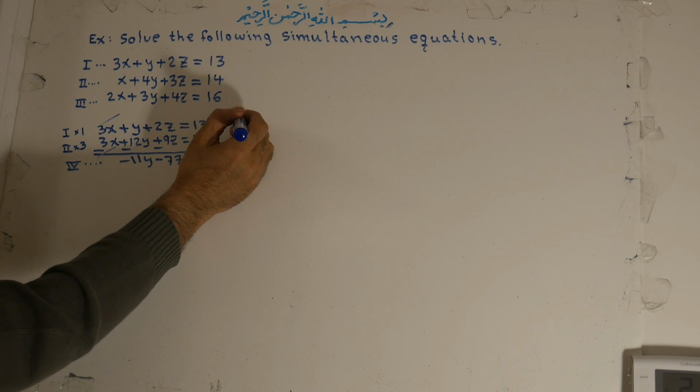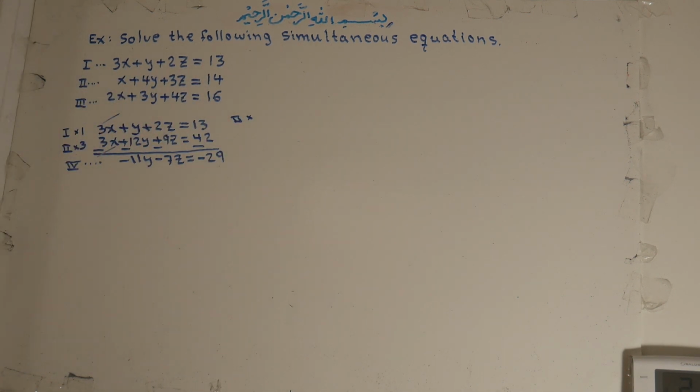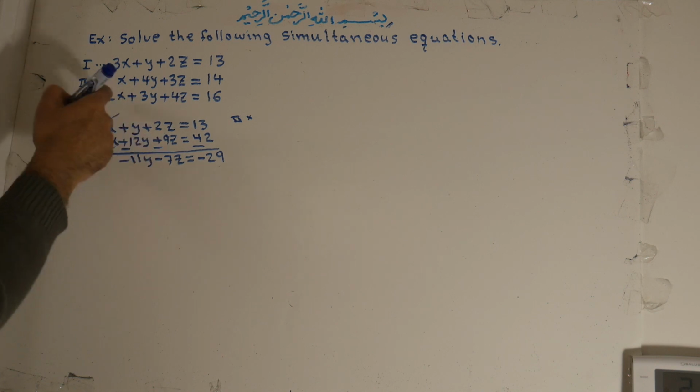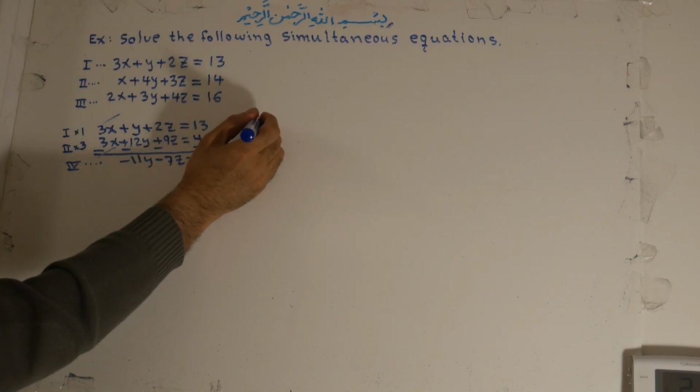In equation number 2, what we do, because the coefficient of x in equation number 3 is 2, we multiply all of equation number 2 with 2.